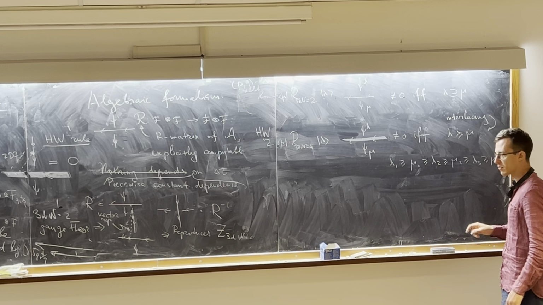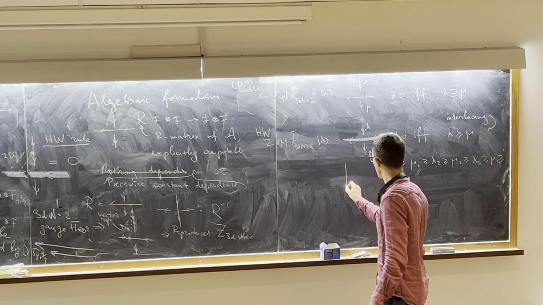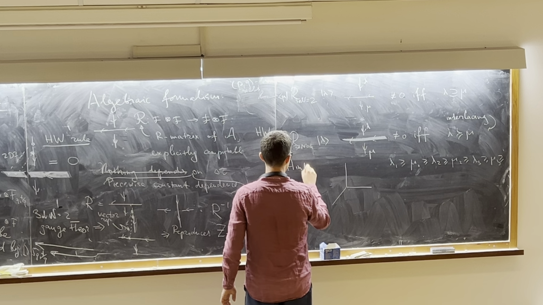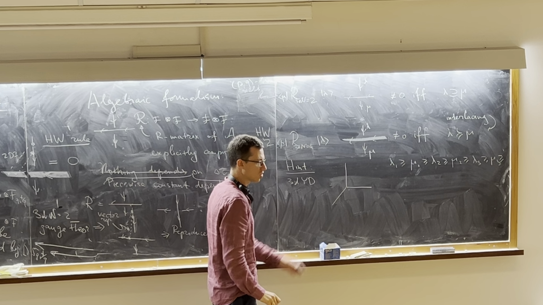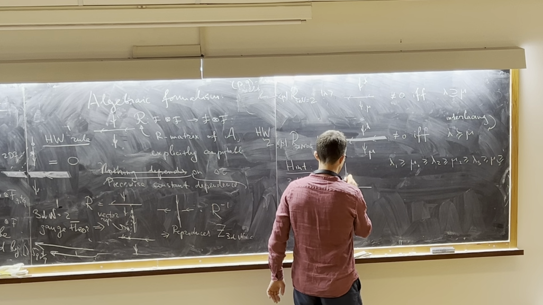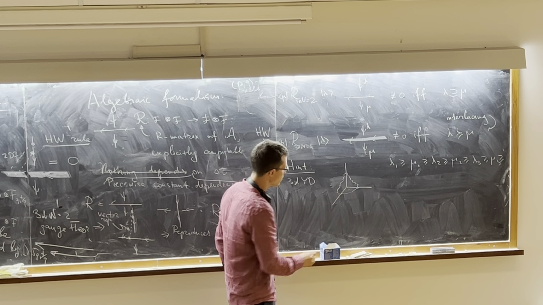So this interlacing condition plays a role in 3D Young diagrams. Because if you imagine a 3D Young diagram, a 3D Young diagram is a collection of boxes in a corner here. And I can draw it somewhat like this.